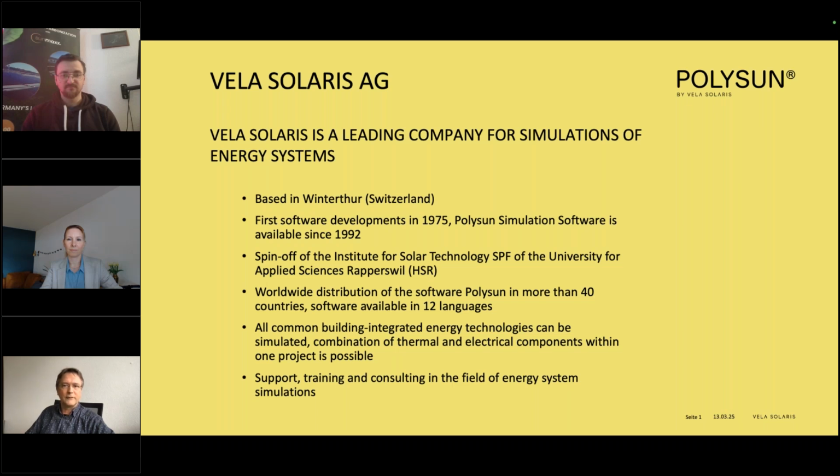And the first software developments have already taken place in the 70s, and the brand Polysun simulation software is available since 1992. Our company, Vela Solaris, is a spin-off of the Institute for Solar Technology of the University for Applied Sciences, Rapperswil, also in Switzerland. Today, this is the University for Applied Sciences of Eastern Switzerland.